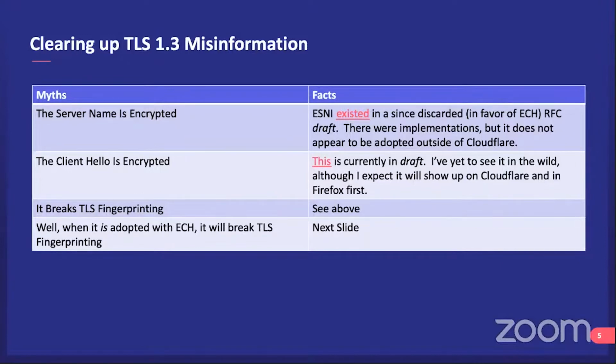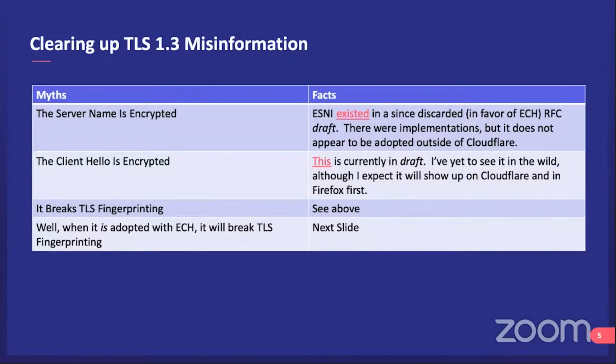And it's important to note that Cloudflare is the group that is implementing ESNI and also ECH, which we'll talk about in a second. ESNI has been seen in the wild, mostly, I believe, with Firefox. I think it's technically possible to turn it on with Chrome, and you might see it in Cloudflare, but it's not very common, but it is happening in the wild.